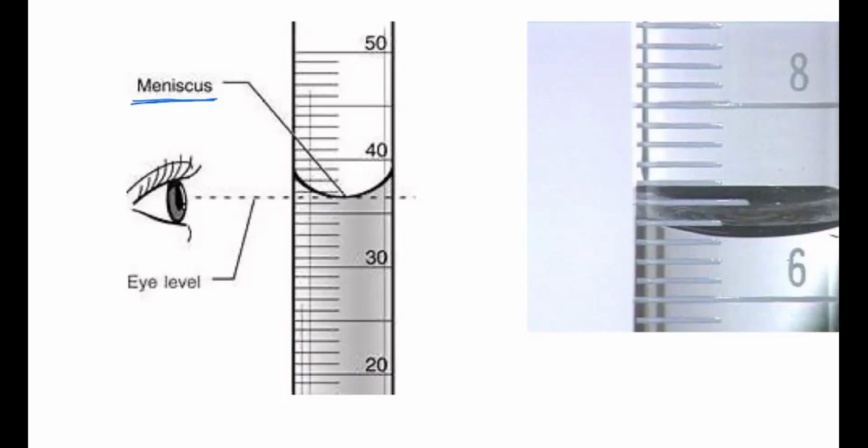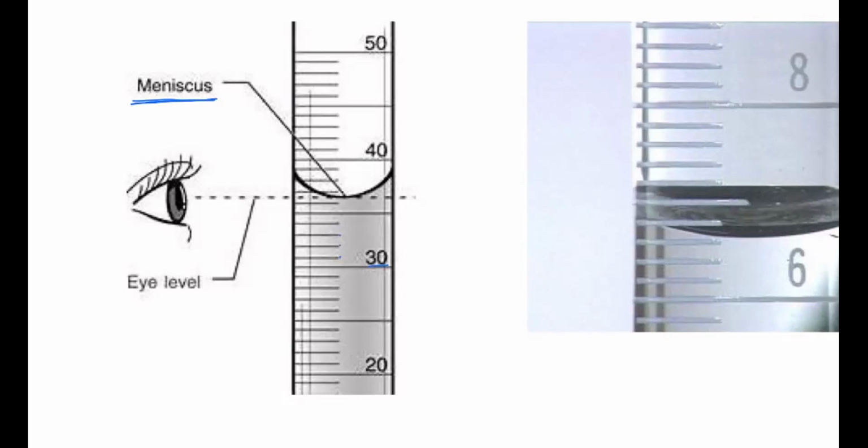And that's how I determine the volume that I have of this liquid in this container. So when we look at the example that we have on the left, and we look at the markings for this device for measuring volume, we can see that this is 30, and then each line is 1 milliliter, 31, this is 32, 33, 34, 35, so on and so forth, up to 40.